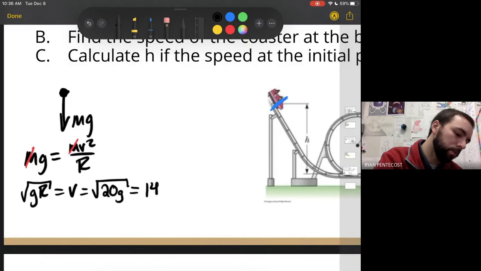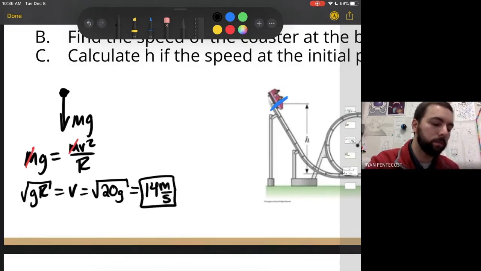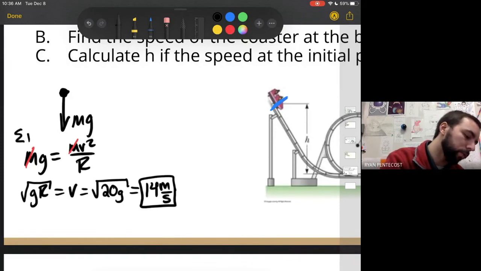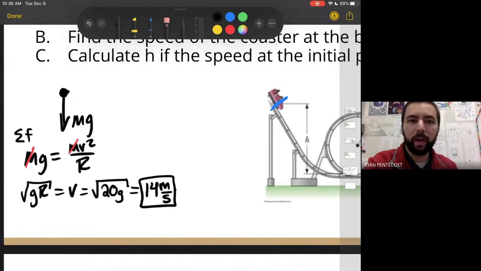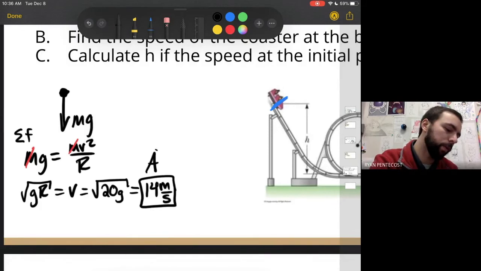And you get about 14 meters per second. So that one, we just did summation of forces. You don't always have to go back and forth. Play with your problem, work it out, start at one point, see where it takes you. Here we start at summation of forces, no problem. We didn't even need to go back to conservation of energy.